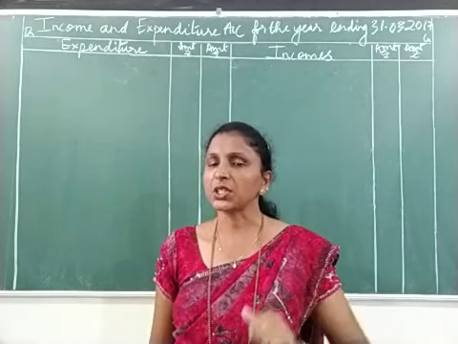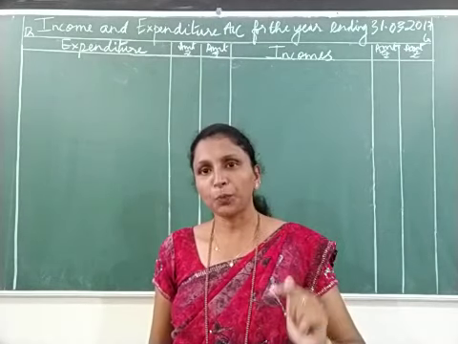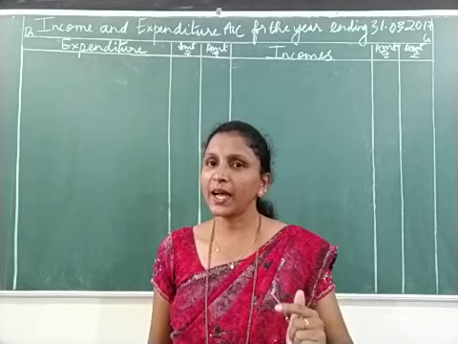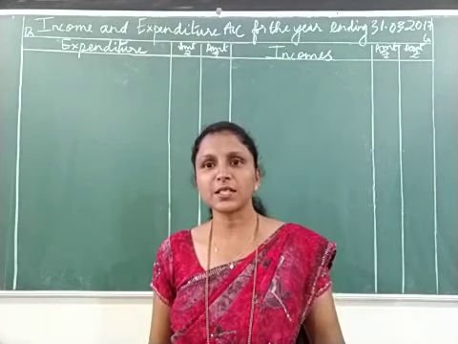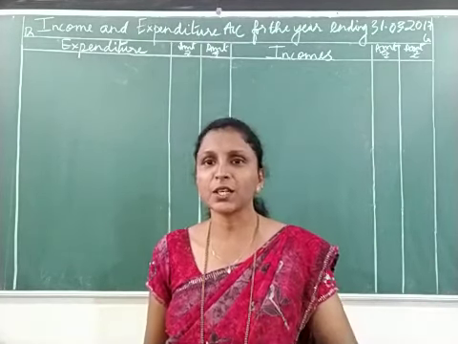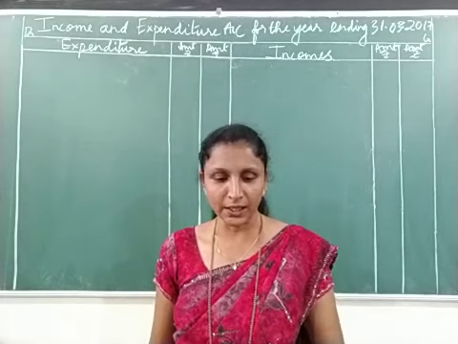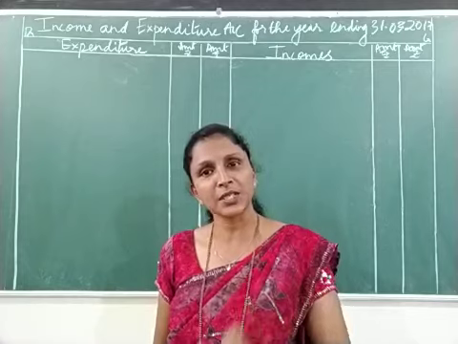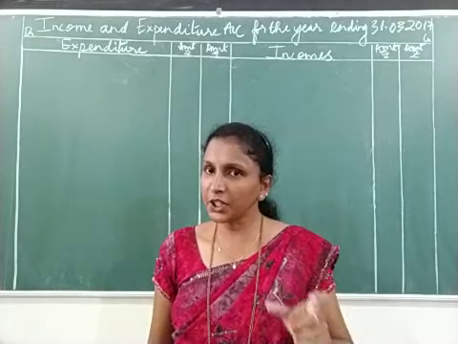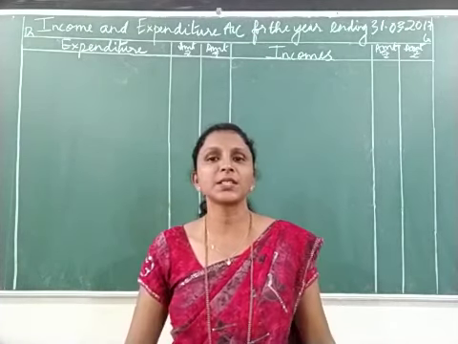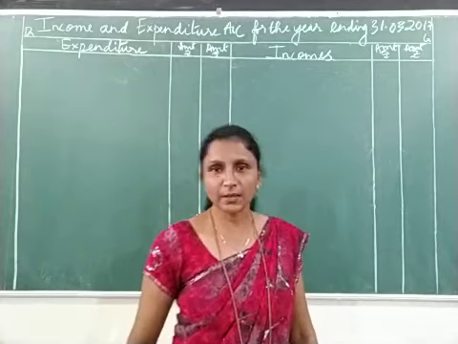The balance sheet given in the problem will be considered as either the previous year's balance sheet, or we say it is the opening balance sheet of the current year. See the date there, it is 31/3/2016. See the date of receipts and payments account, it is 31/3/2017.